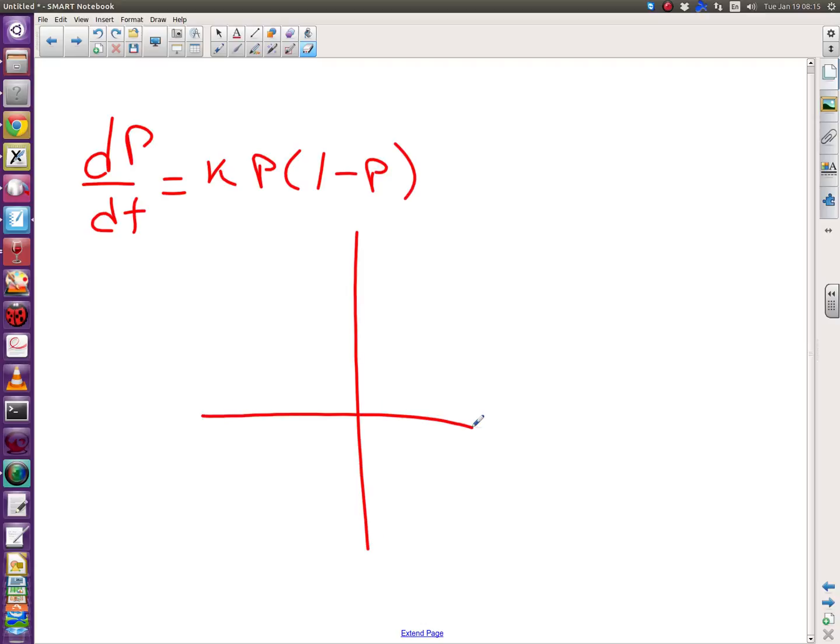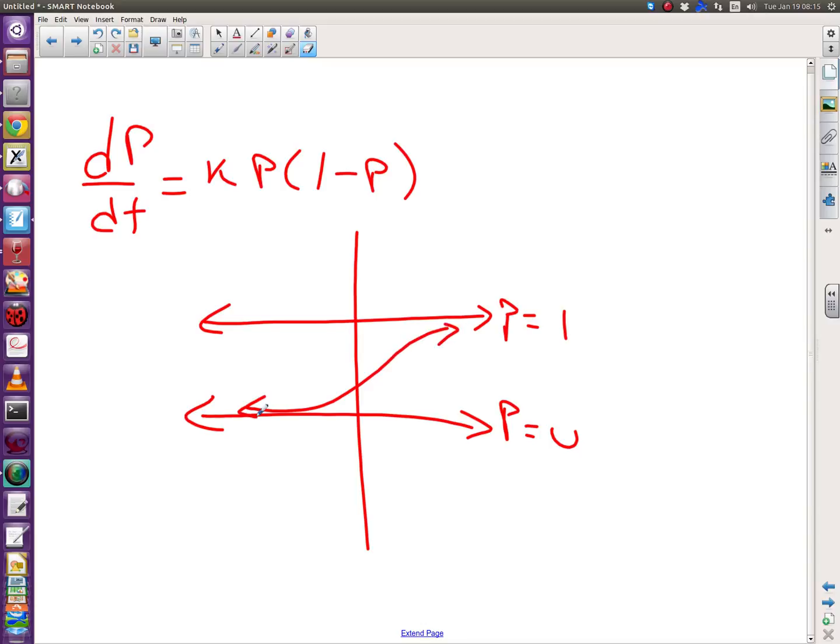Now when is dP/dt 0? What do you plug in for P to get P prime equals 0? 0 or 1. And that's when you get this logistic growth stuff.